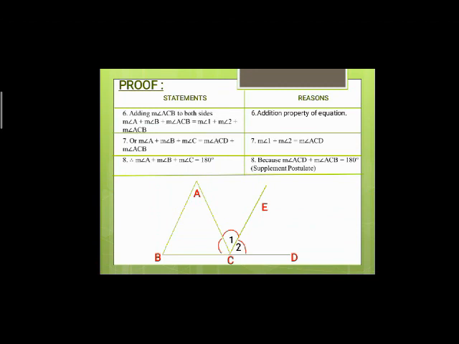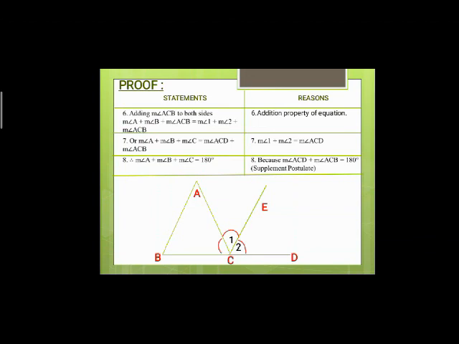We just put the value of angle ACB is equal to angle C. After putting both the values in the given statement, because angle ACD and angle ACB sum to 180 degrees due to the supplement postulate, which we already did in our first theorem, theorem number 1.